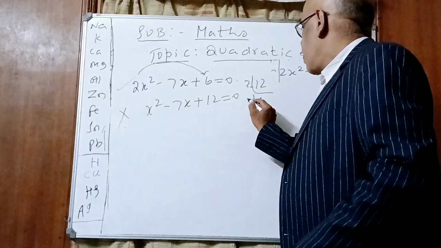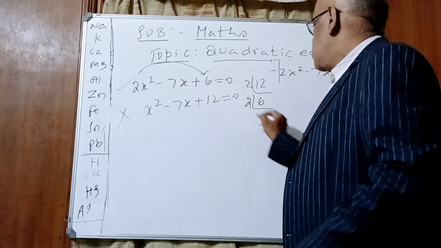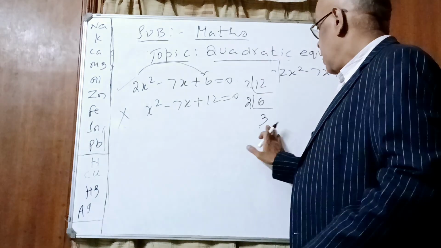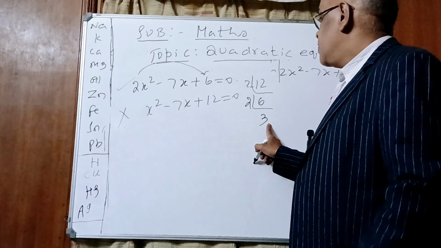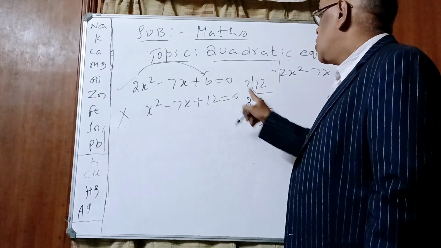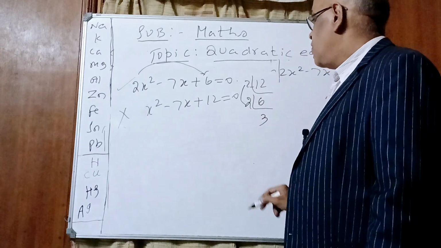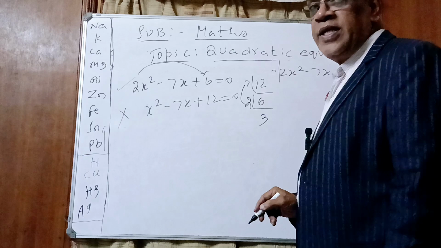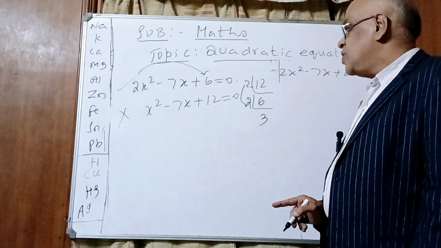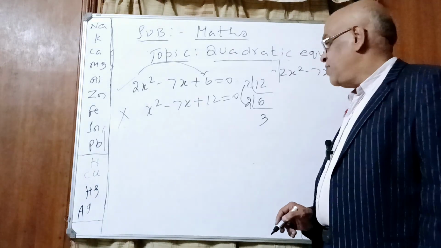Again continue. 6 is not a prime number. 2 3s are 6. 2 2s are 4, 2 3s are 6 doesn't tally. 2 2s are 4. 4 plus 3, 7. What 7 should we require? Minus 7.